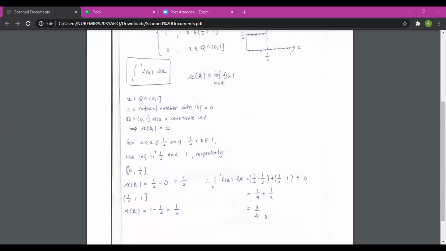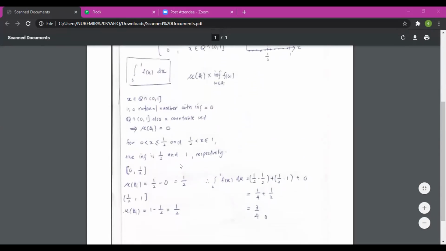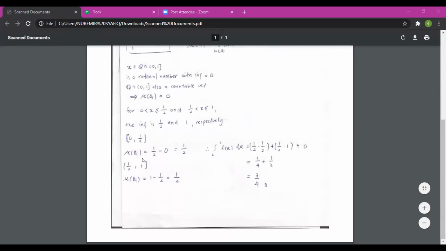For the two intervals, 0 to 1/2 and 1/2 to 1, the increments are 1/2 and 1, and the Lebesgue measure of each is 1/2. So we add all this: 1/2 times 1/2 plus 1/2 times 1 plus 0. So we get 3/4.